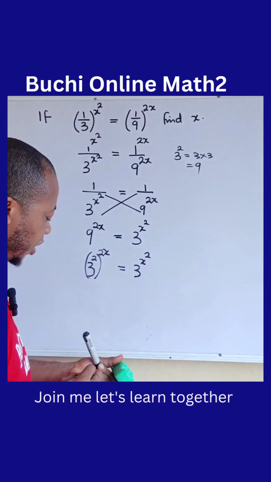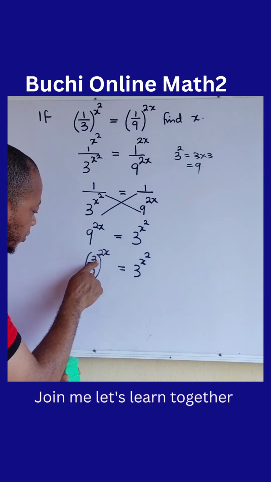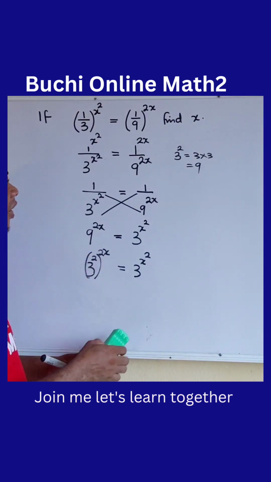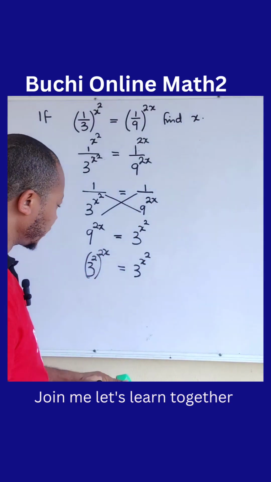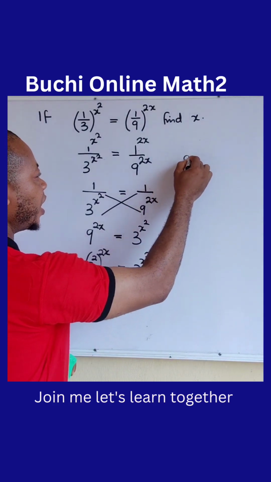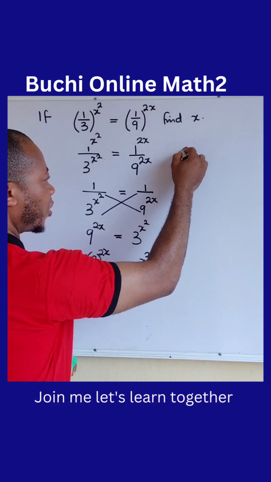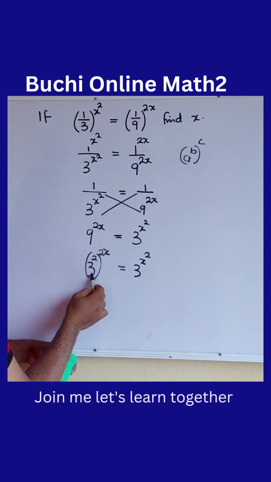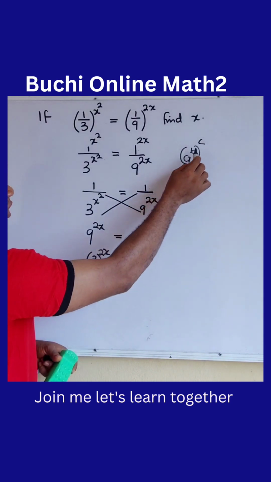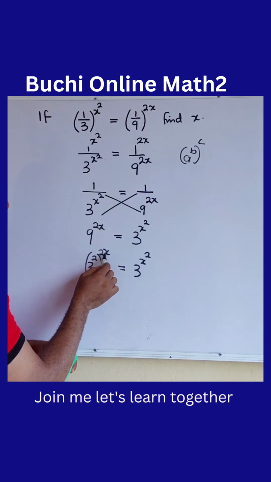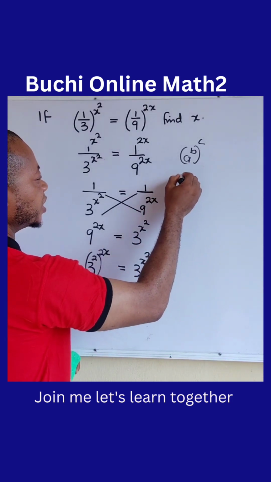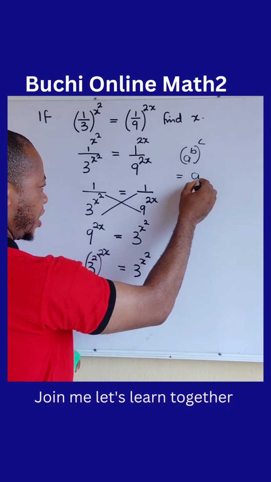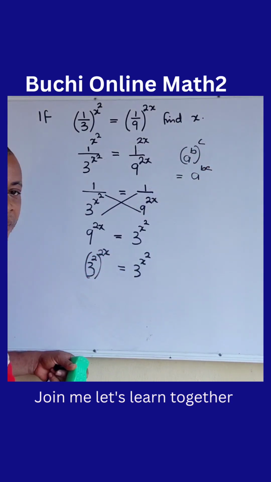That is our target. Now here we have 3 raised to power 2, all raised to power 2x. How do we do this? There is a law in indices that says if we have (a^b) raised to power c, where a is our 3, b is our 2, and c is the index 2x, then we multiply the indices so that it becomes a^(bc).